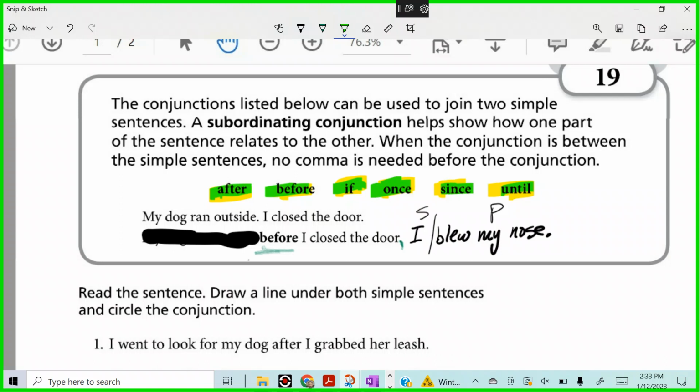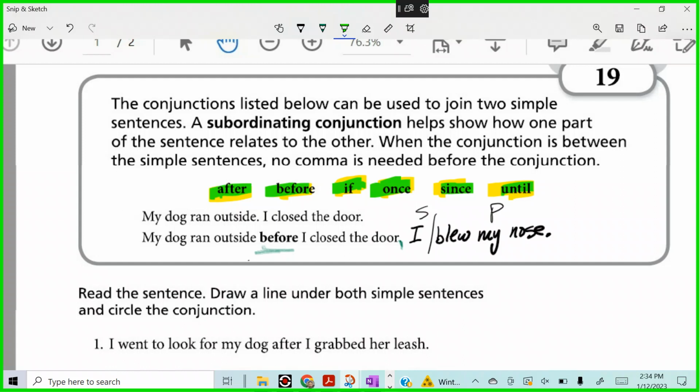But for the sake of argument, today we're going to work on identifying subordinate conjunctions. It says, a subordinate conjunction helps to show how one part of the sentence relates to another. When the conjunction is between two simple sentences, no comma is needed before the conjunction.